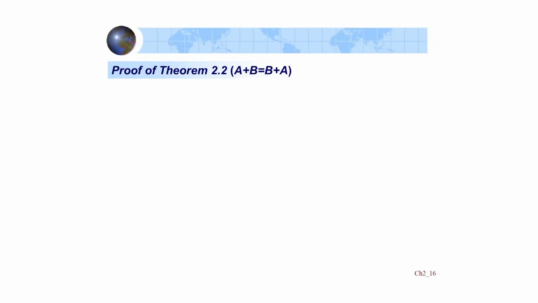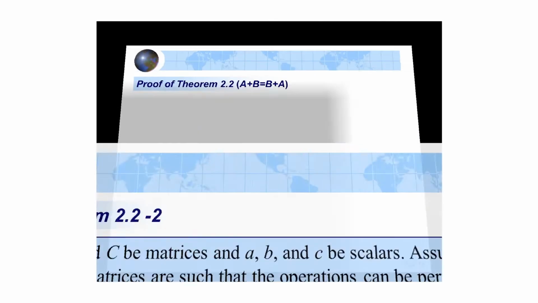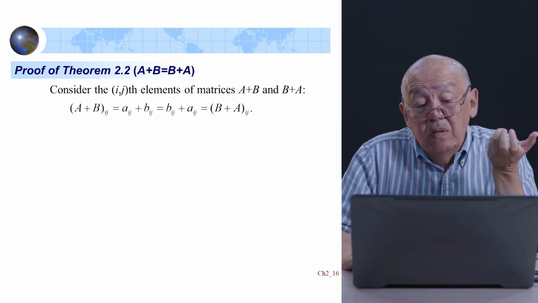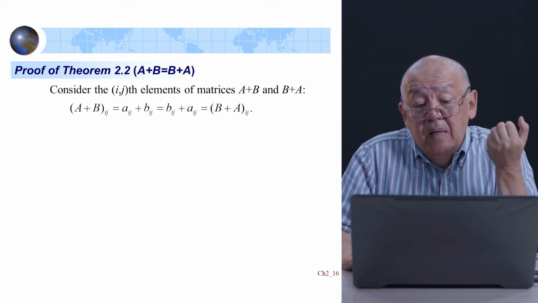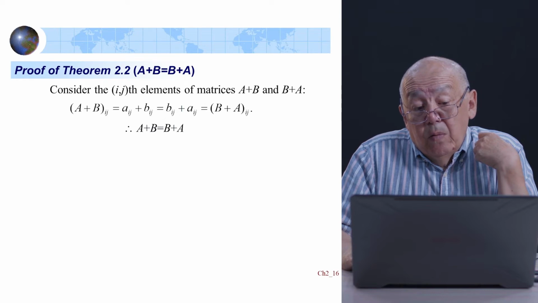And yeah, many properties can be proved easily. For example, commutativity is easy. It is a consequence of commutativity of addition for numbers. Do you see? It's true. Because what is entry ij of matrix A plus B?